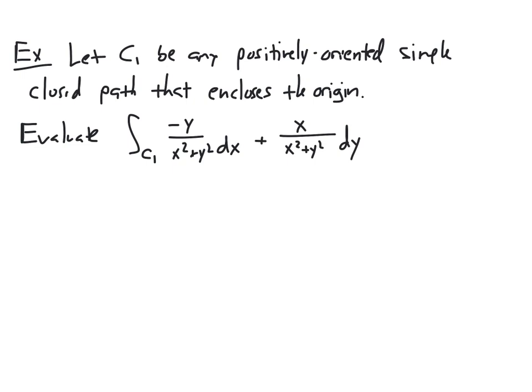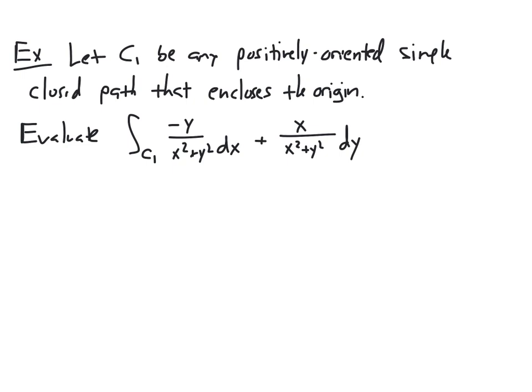So because we don't have a specific explicit curve for C1, there's no way we could possibly evaluate this line integral as written. If we could find a parameterization for our curve, we could possibly plug those parameters in and see if we could get something that we could integrate. But in this case, we don't have any way of parameterizing this curve C1 because we don't know anything about it. It could be a lot of different things.